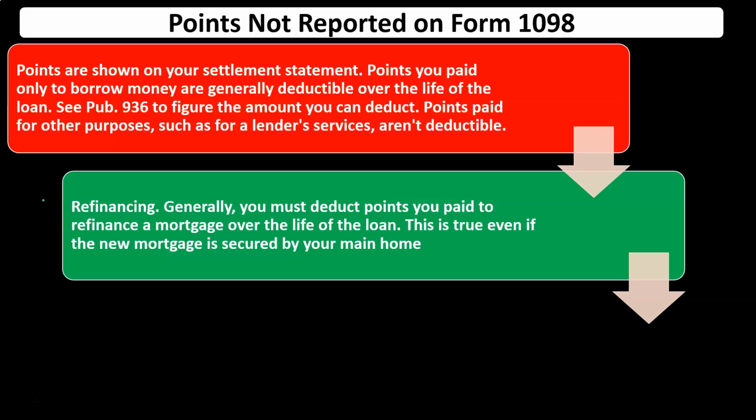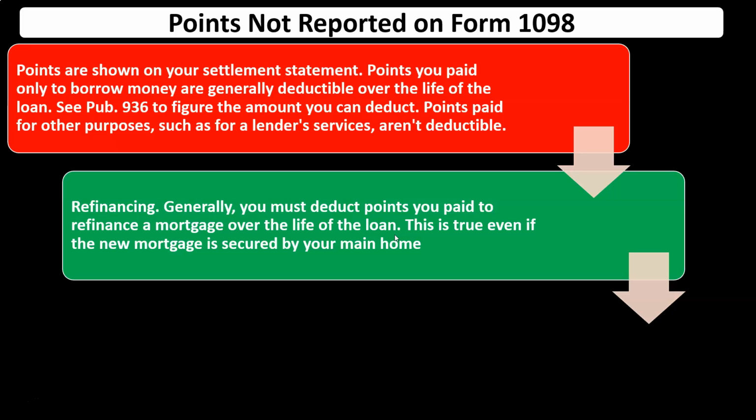Generally, you must deduct points you paid to refinance a mortgage over the life of the loan. So if you have to deduct it over the life of the loan, that means that basically you're going to have to amortize it in a similar fashion as with depreciation. So again, if done right when the refinancing first takes place, then it's going to be fairly straightforward going forward if you're using the same tax software, because the amortization should roll forward.